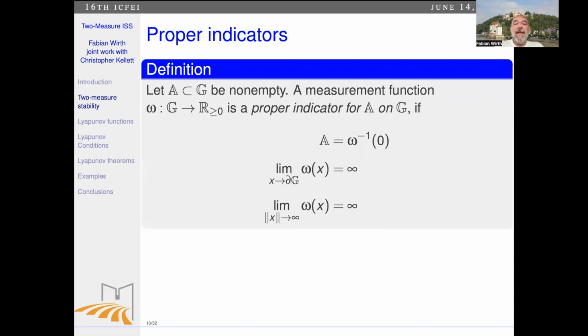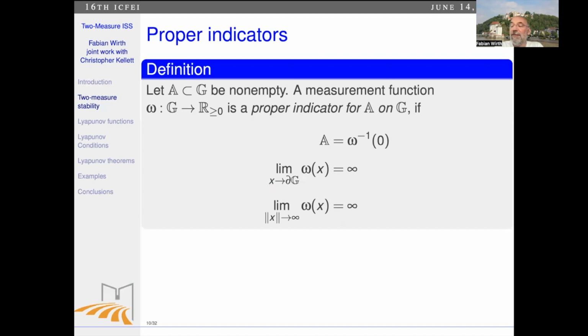And then there is a class of very nice measurement functions, and these are proper indicator functions of subsets of G. A closed non-empty subset of G will have a proper indicator if, first of all, the set is precisely the 0 level set of the measurement function, but then also as you go away from the set, either if you approach the boundary of G or if you approach infinity, the measurement function will tend to infinity.